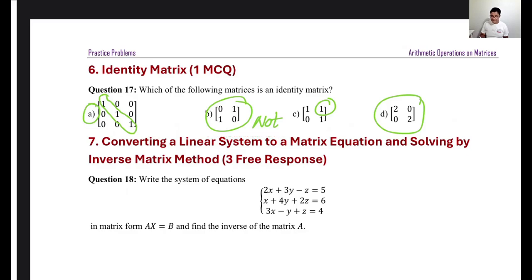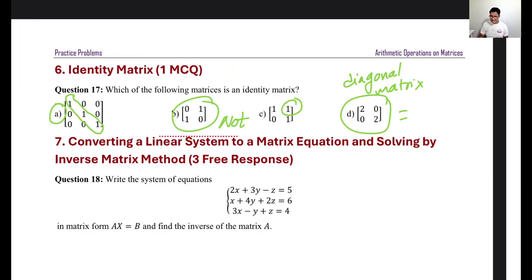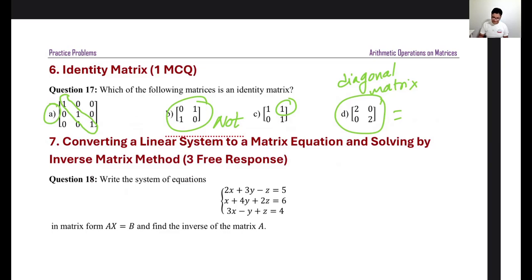Over here, D, almost identity, but the problem is this is called a diagonal matrix, and you can say a diagonal scalar matrix. What that means is you could take the 2 out of it, then what remains would be the identity matrix. It's a multiple of an identity matrix.